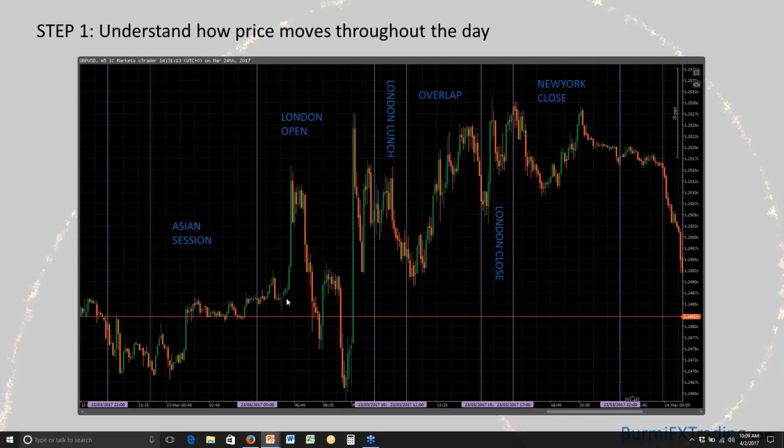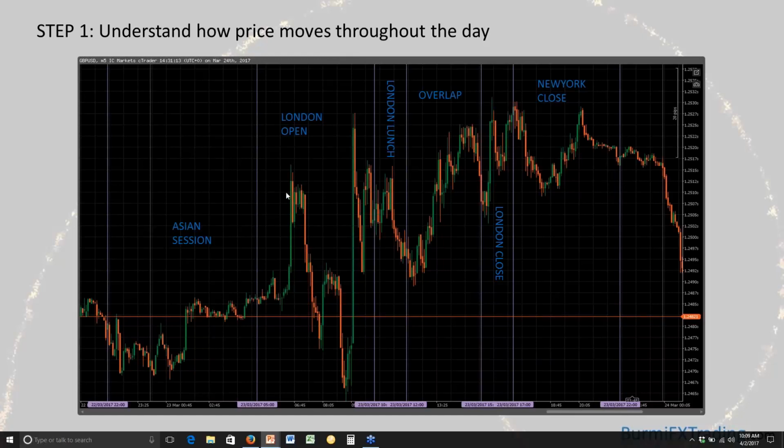You will notice around 600 GMT, that's when price starts to move. Here in this example around 600 GMT, we see these huge price spikes, because that's when London is open, and we really start to see pretty big price movements.